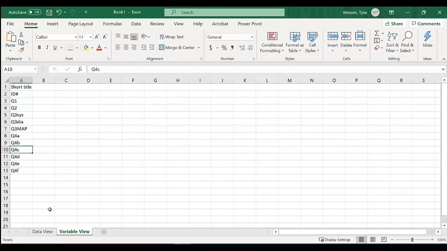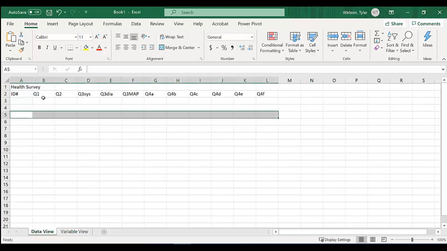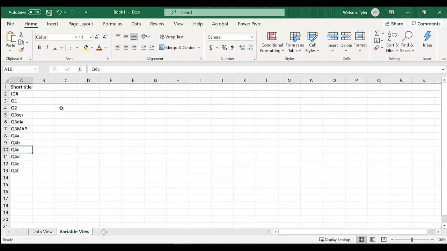Now, all we're doing is saying, okay, across this side, these are our questions. We're going to tell you what each of those questions are and what each answer means on this sheet, the variable view.